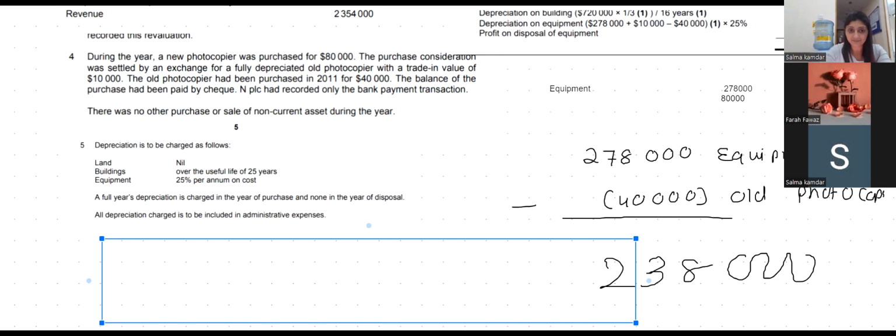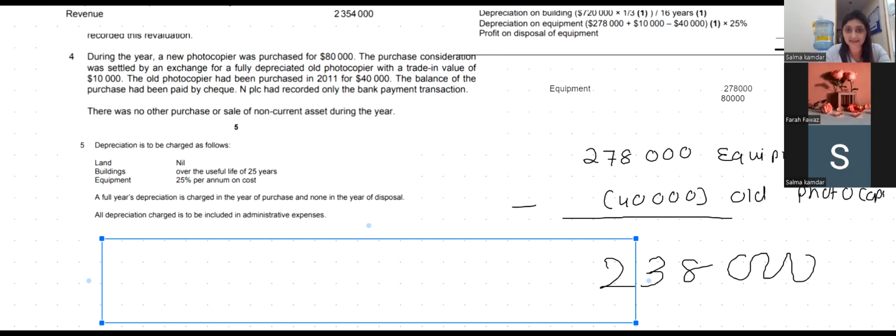Sometimes they would write that and we have to adjust the mistake, right? But how do we know whether it's... they are telling us. Maybe the old photocopier has a higher value. That is why it is being adjusted like that. Now see, ideally it should be 278 plus 80 minus 40.